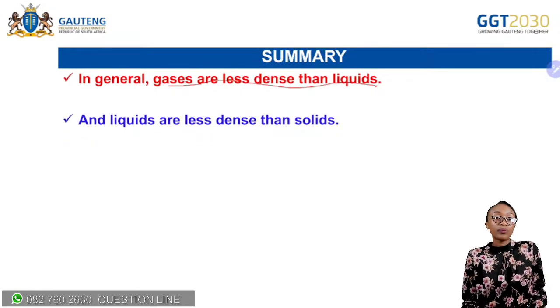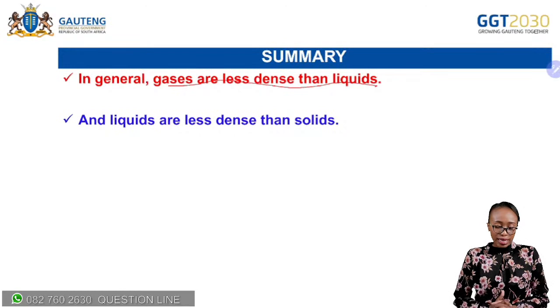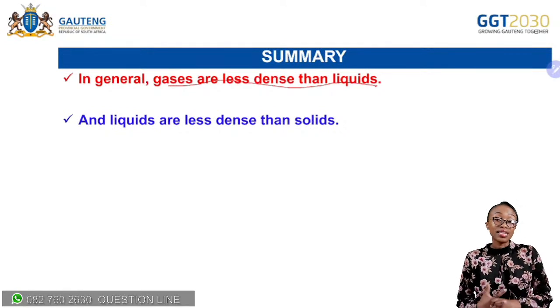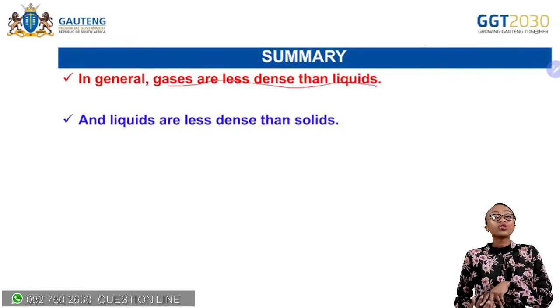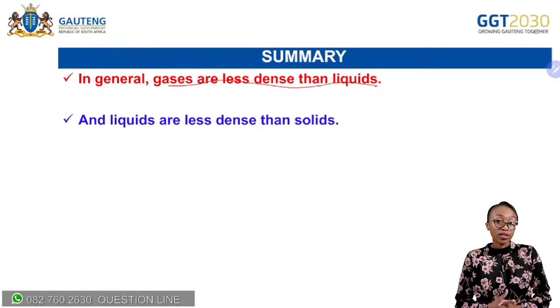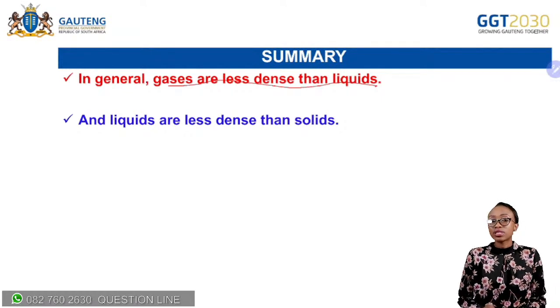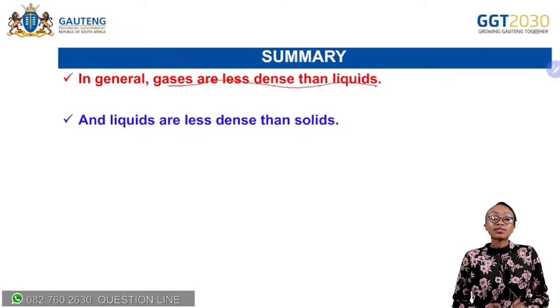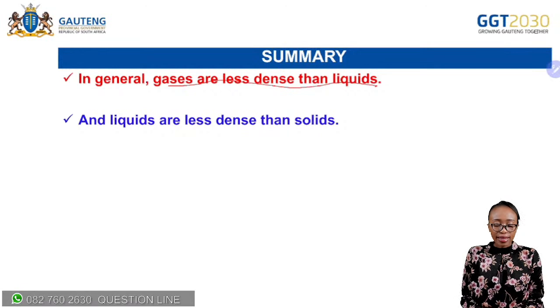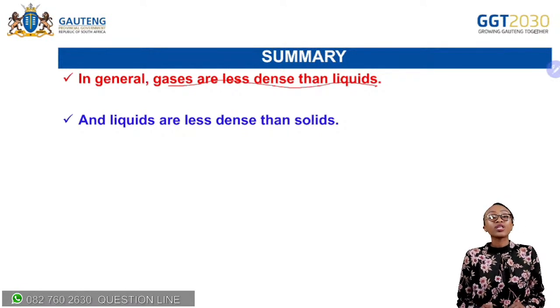Our second point that we learned today is that liquids are less dense than solids. It goes back to the way the particles are arranged. If we look at a container with the same volume, the particles in the solid would be much more closely packed in comparison to the particles in a liquid.